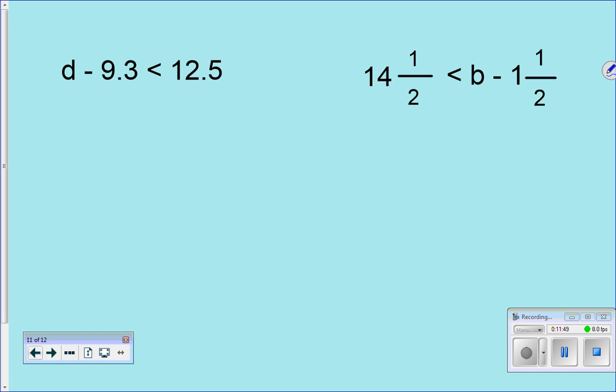Let's do a few of these, and then we'll be done for today. Let's do a few with fractions and decimals. These are easy. If you want to do these on your own, go for it. So 12 through 36.